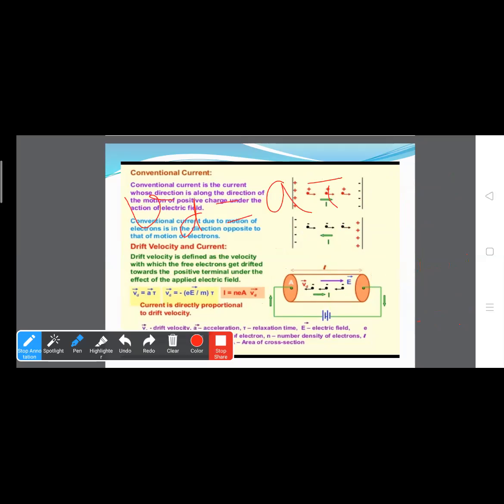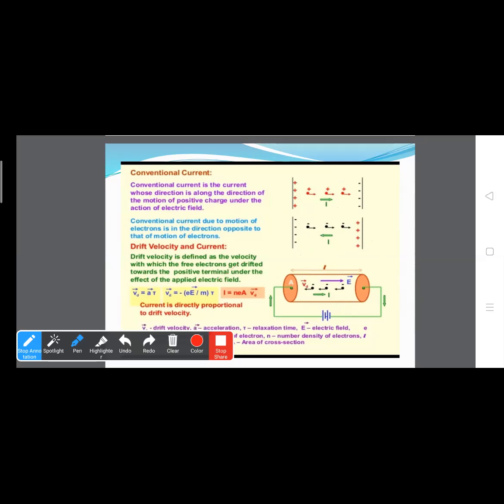Putting the value of a, we get Vd equal to minus eE tau upon m. Here this is the drift velocity. So this drift velocity is directly proportional to relaxation time from this equation.